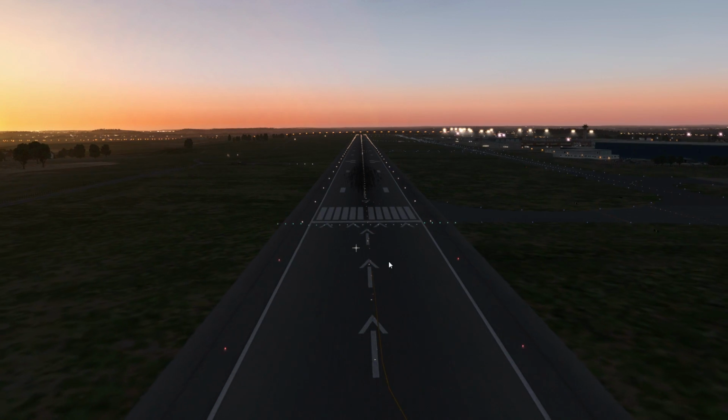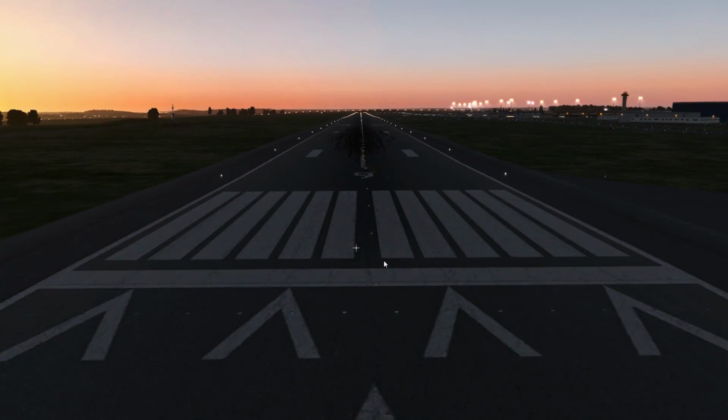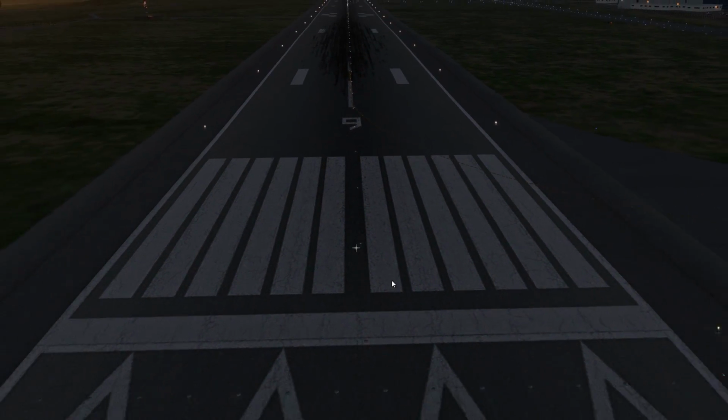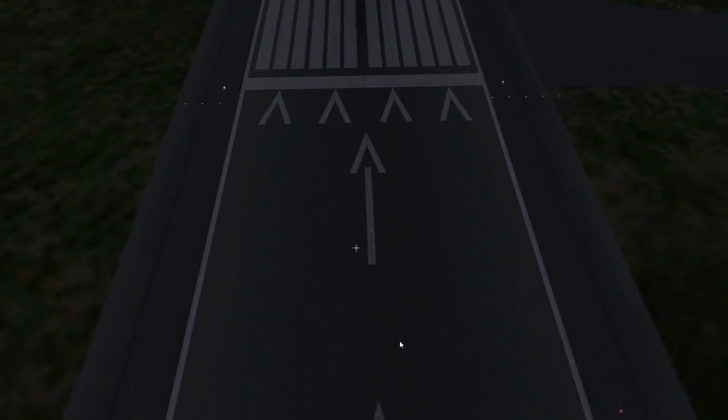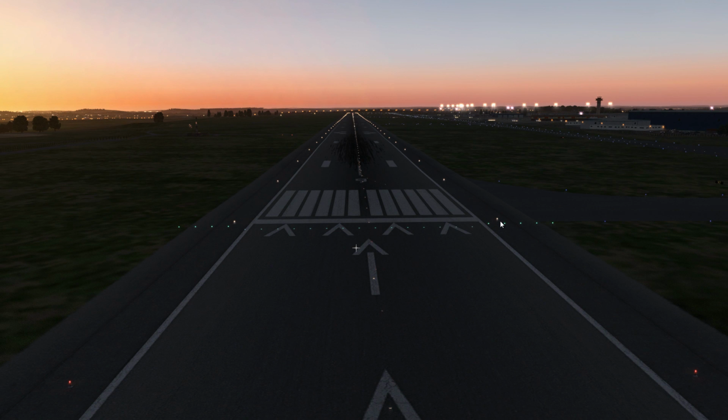So, once we've got past the threshold, we're now within the lighting systems of the runway itself. Now you're going to notice that we have, move back slightly so I can see this properly. There you go. Starting 100 feet away from the threshold, so you see the white lights there? Every 100 feet you will see a white light which, if you look carefully, turns yellow towards the end, but we'll get to the end in a minute.